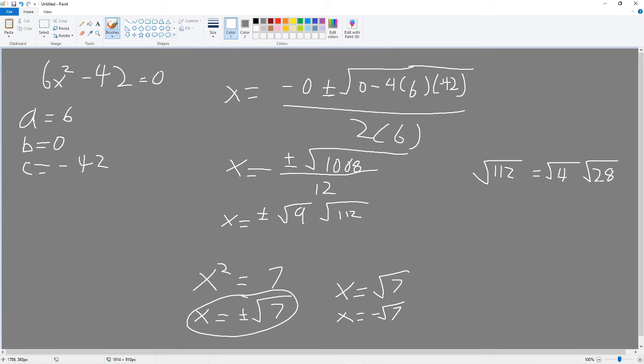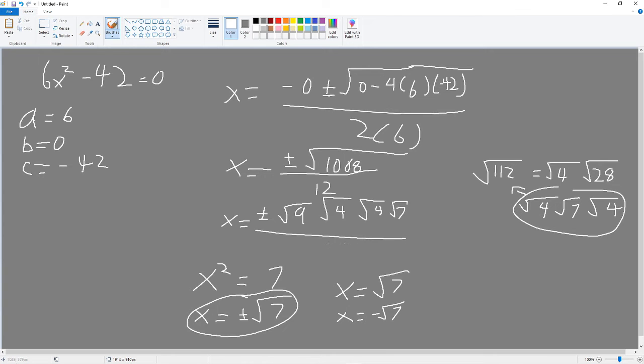And then if you look here, this could be broken down into radical 7, radical 4, right? So I've basically simplified this to radical 4, radical 4, radical 7. So remember, all of this is square root of 112. This is all over 12.